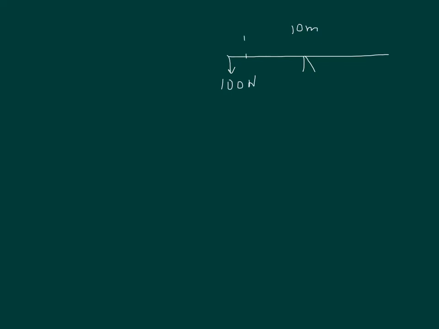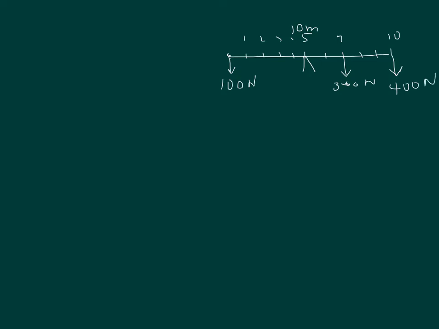So this will be 1, 2, 3, 4, 5, 6, 7, 8, 9, 10 along the pole. And so let's place a weight here of 300 newtons. This will be at 7, as measured from here being a 0, because the pole is going to be 10 meters long. And let's place a weight here of 400 newtons.